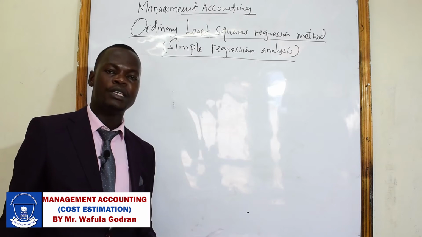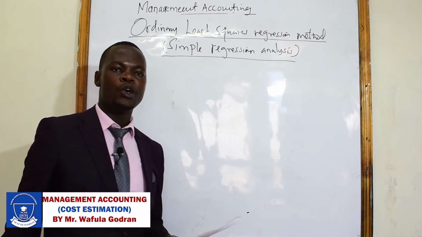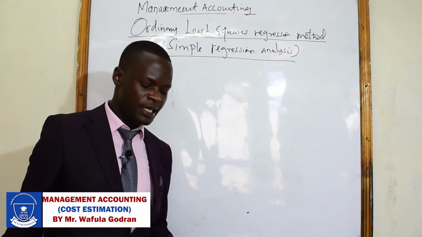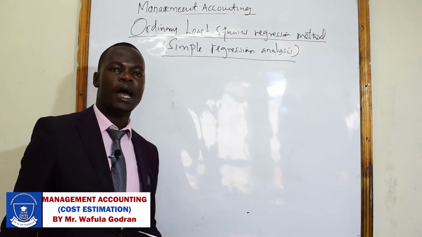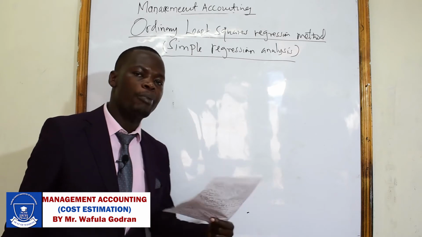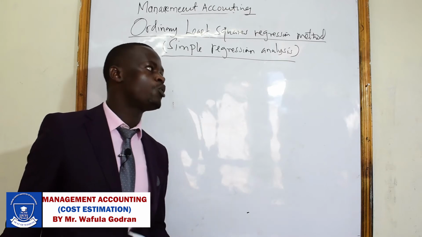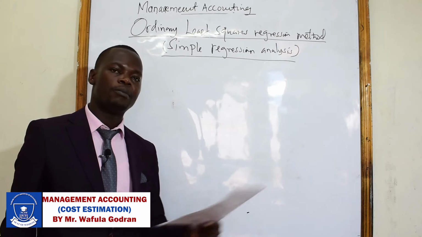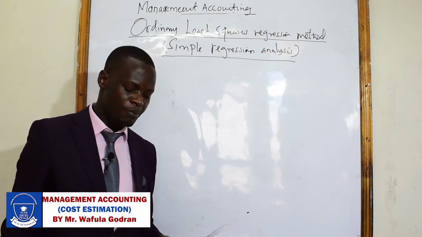We will always be presented with data, maybe historical, and from this data we will be required to tabulate it so that we can come up with the various components that form the equation.